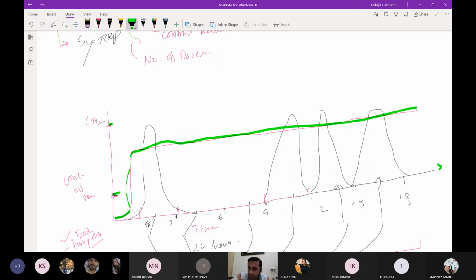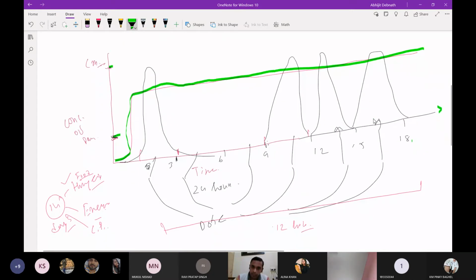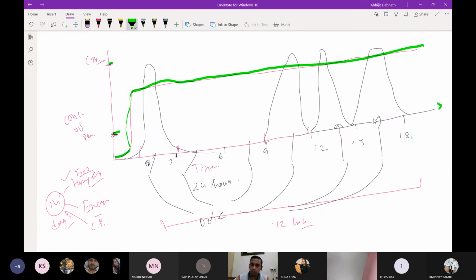For example, I am writing here 18 hours. So when they consume the drug molecule, it will remain in their system circulation for a long period of time, so that the body can get the nutrient, drug or whatever for a long duration.